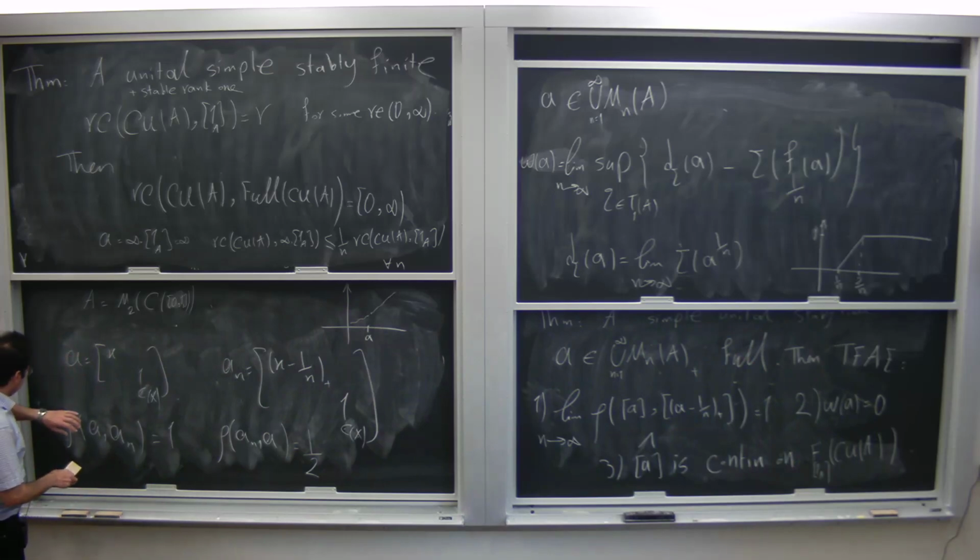But in fact, let's look at this property on the C*-algebra level. It's really talking about the neighborhood of 0 having uniformly small trace.